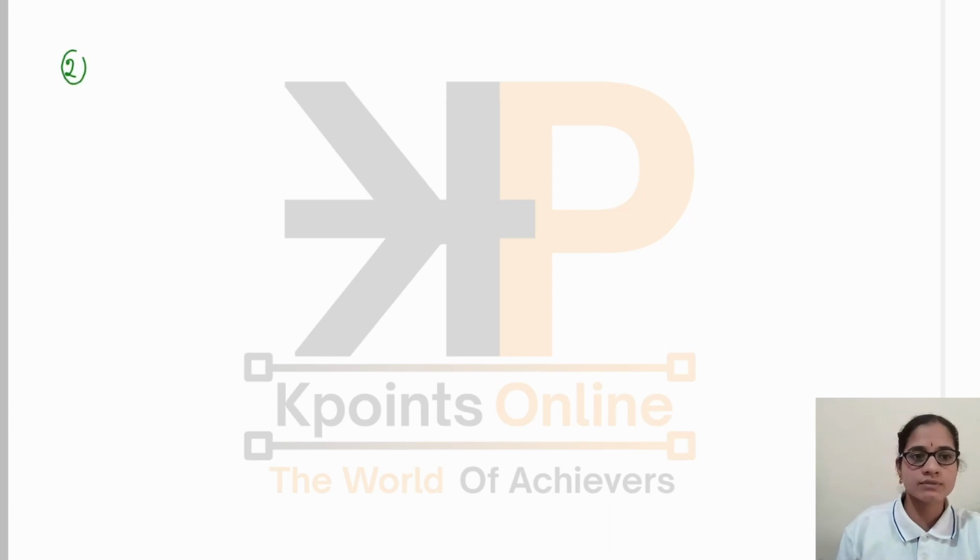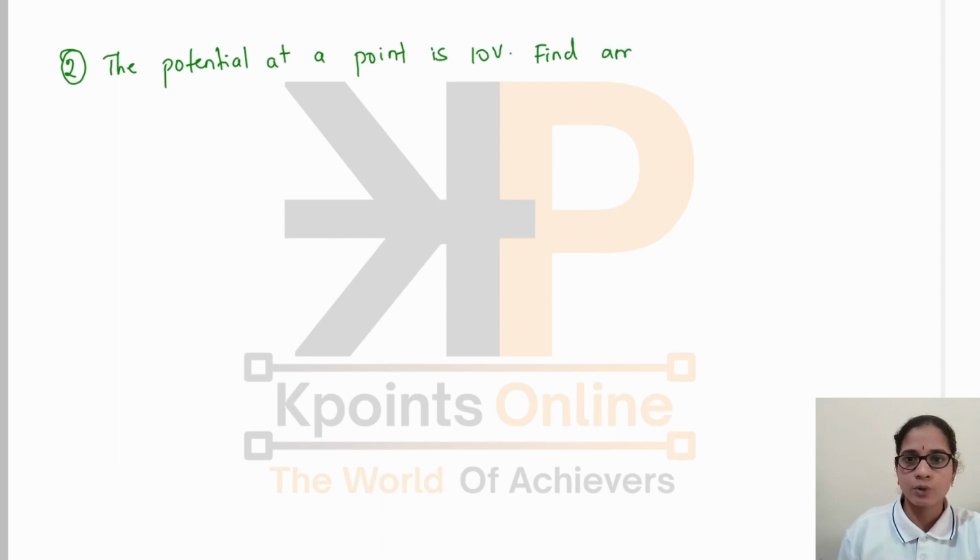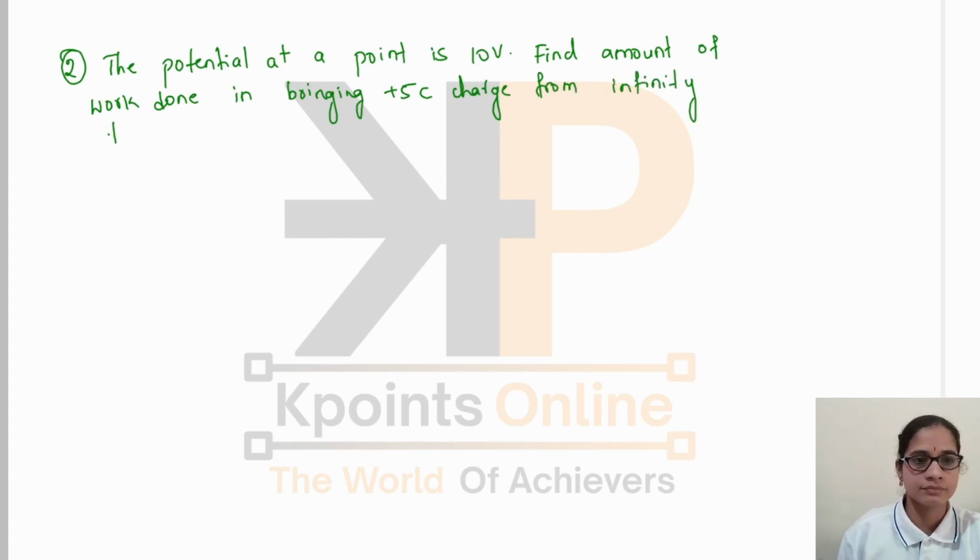Let's try next question. The potential at a point is 10 volt. Find the amount of work done in bringing plus 5 coulomb charge from infinity to that point.